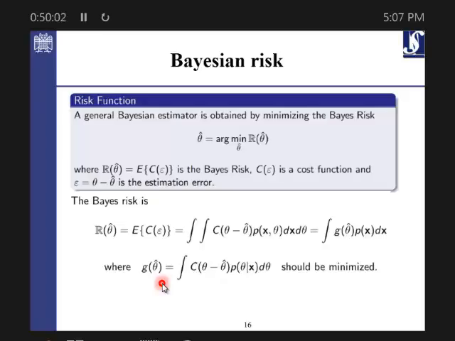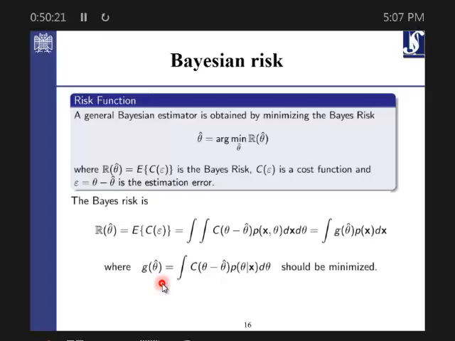The reason is that the Bayesian estimator tries to minimize the risk. And what is risk? The expected loss of the estimation. So by minimizing the risk function, you try to minimize the expected loss of your estimation.